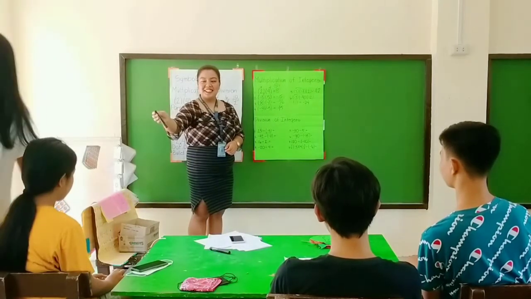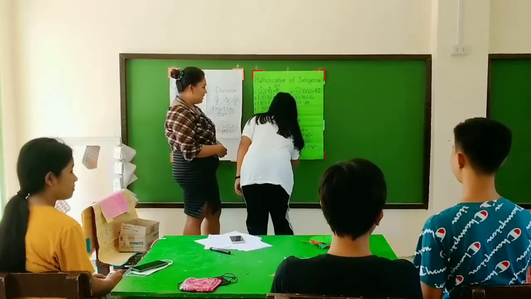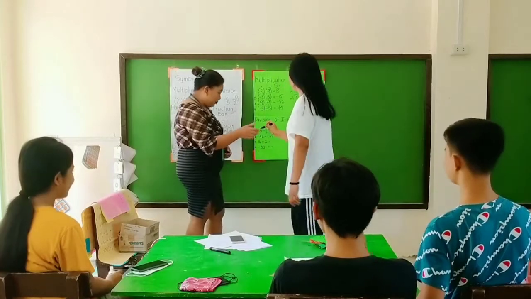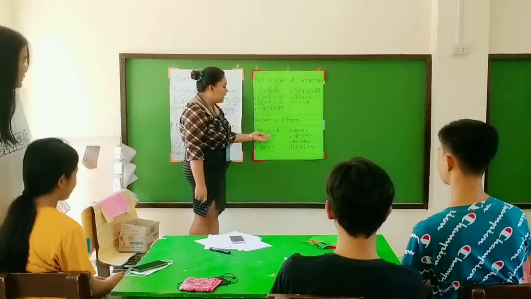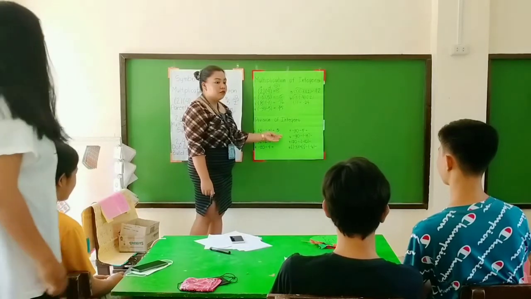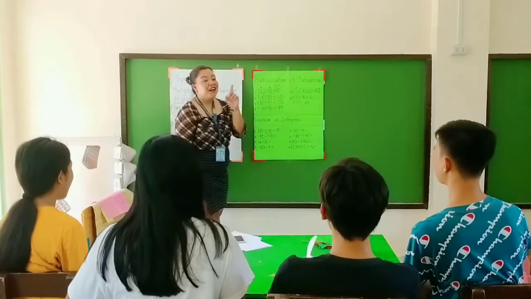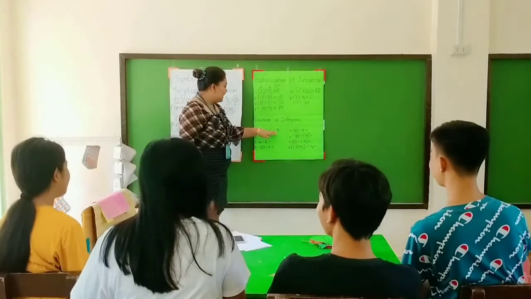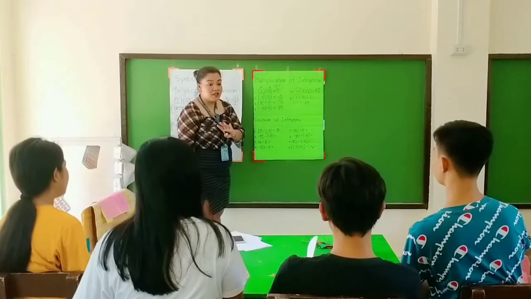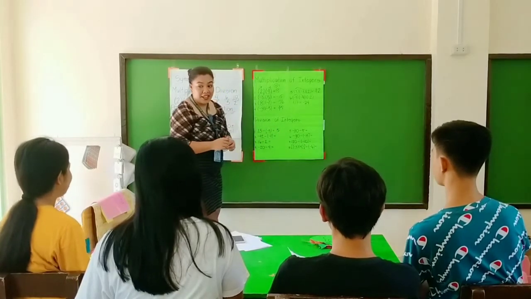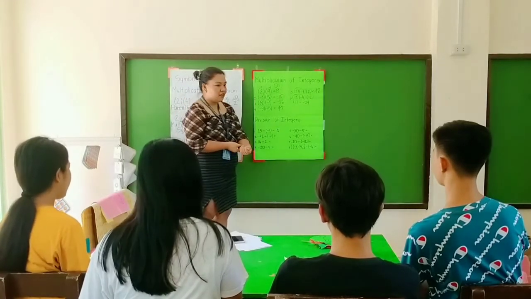Positive 5. Okay. 25 divided by negative 5 is equal to negative 5. So, the integer she used is positive, but the answer is negative 5. Okay? But the integer she used is positive.